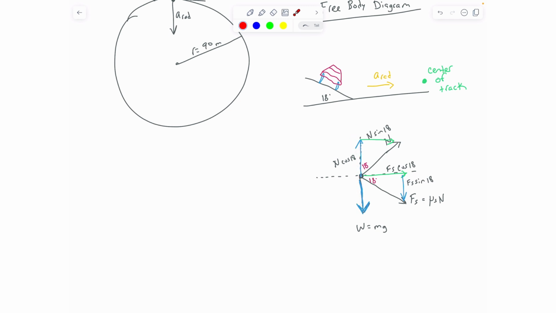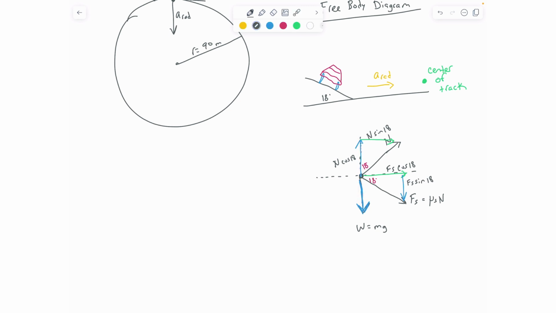But if we're talking about the x direction here, are we going to use Newton's first law? Is it balanced or is there acceleration? No, there is an acceleration. There's a radial acceleration towards the center of the circle. And because there is an acceleration, we have to use Newton's second law for this. So we use Newton's second law for the x direction, and we'll use his first law for the y direction.